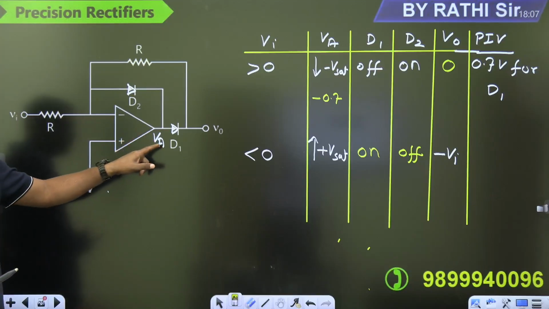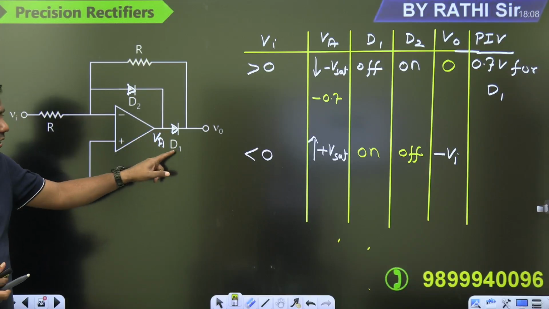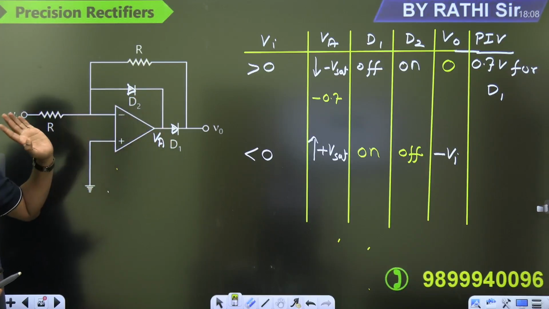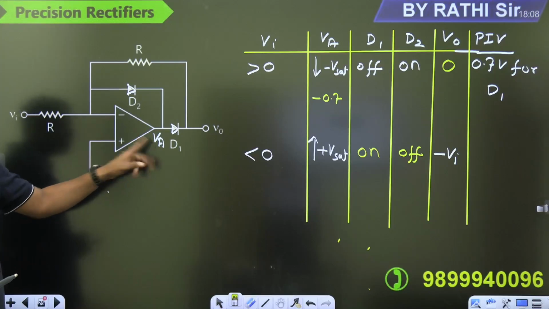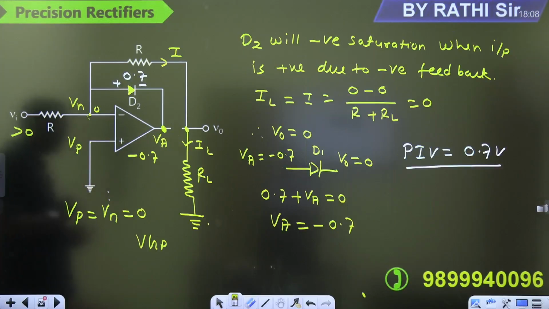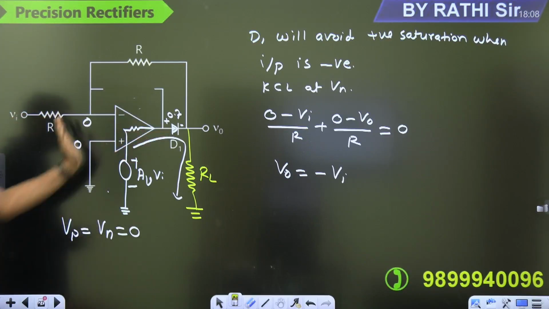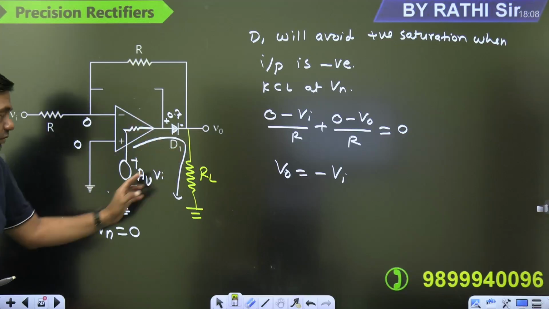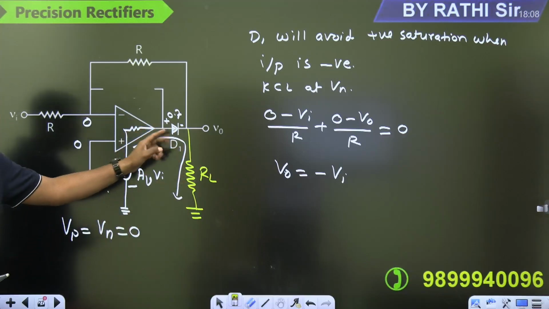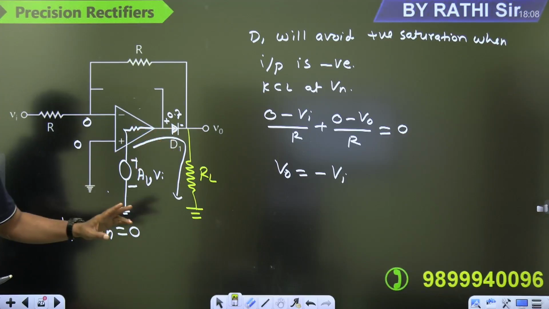Once it is positive, diode D1 is on, diode D2 is off, because it is moving towards plus Vsat. Then it will give the current in this direction. Yes, the diode will allow the current from the P side to the N side.